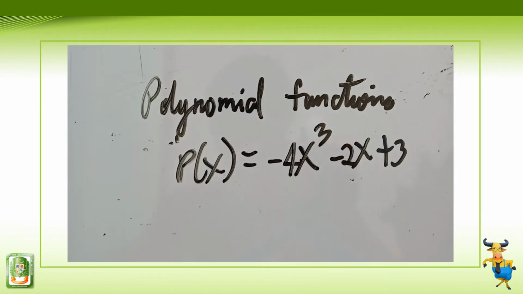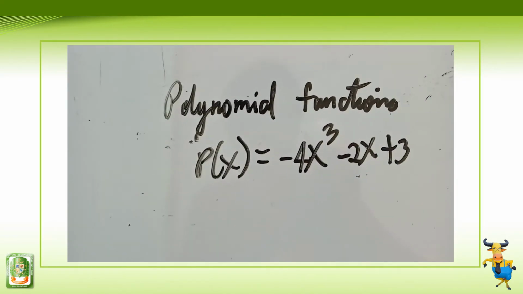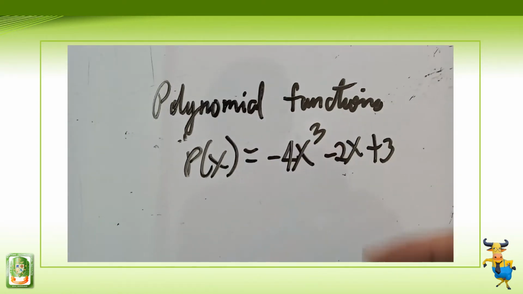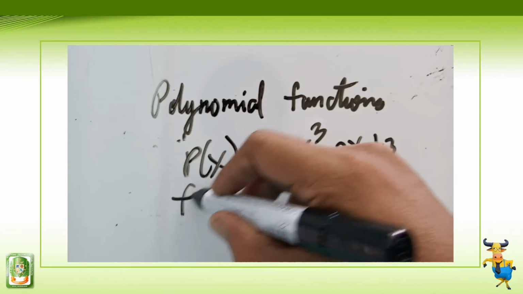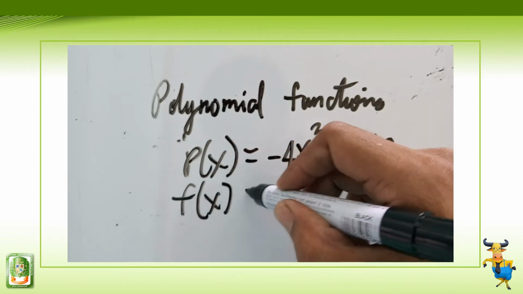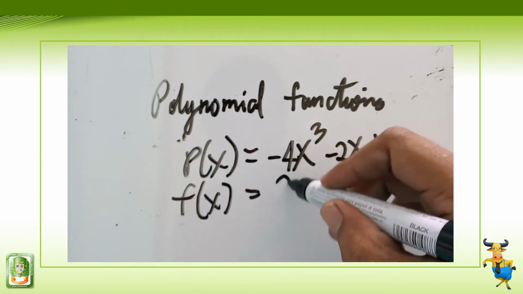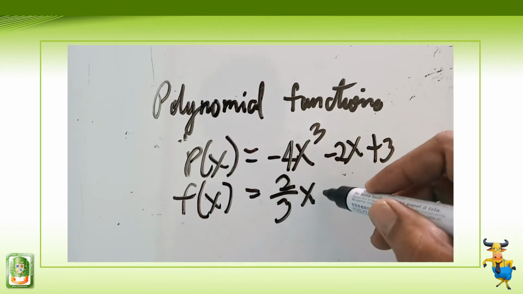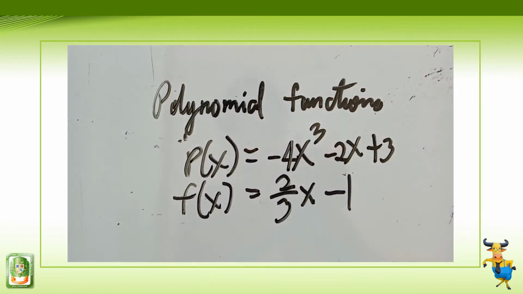This is an example of a polynomial function. Another example is f of x is equal to 2 over 3 of x minus 1.